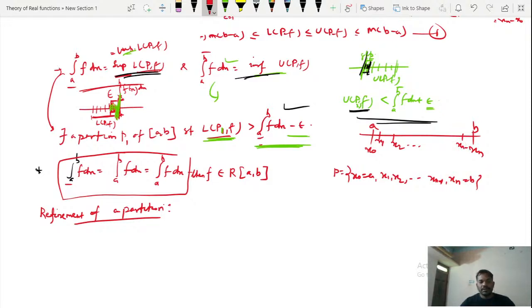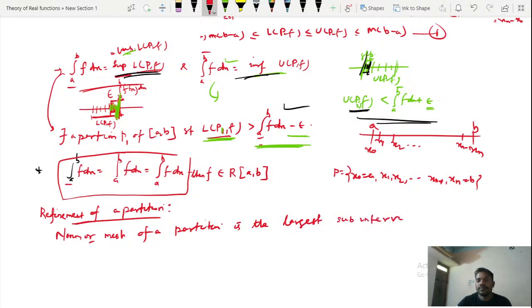Before going to refinement, I will tell you the definition of the norm or mesh of a partition. The norm or mesh of a partition is the largest subinterval length of the closed interval [a, b].